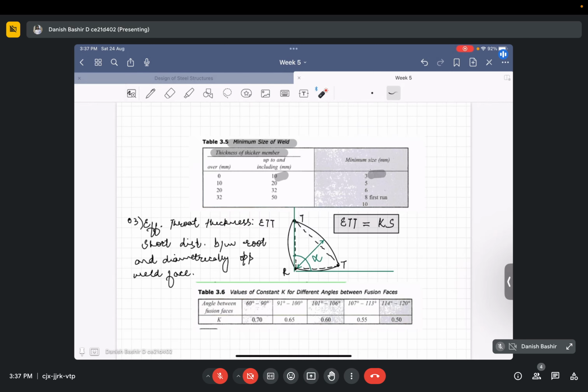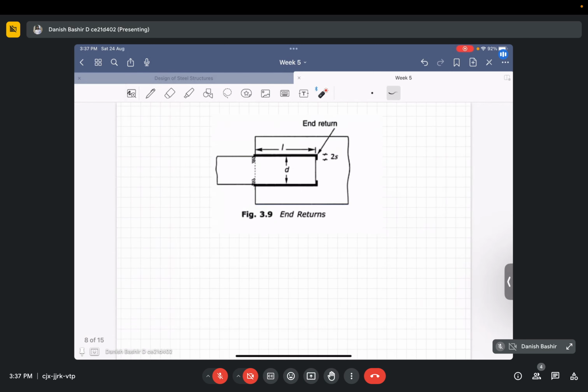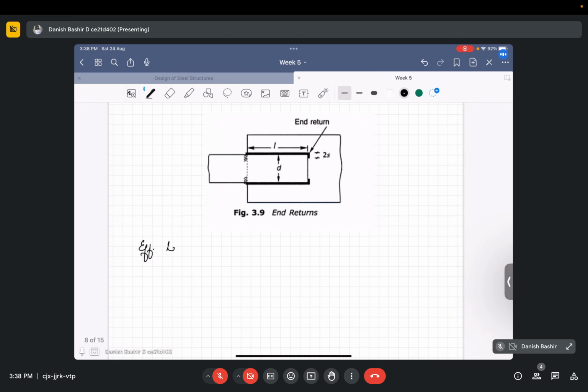Then we have the effective length of the weld. Remember, we are talking all about fillet weld. For butt weld, I already told you all the things.